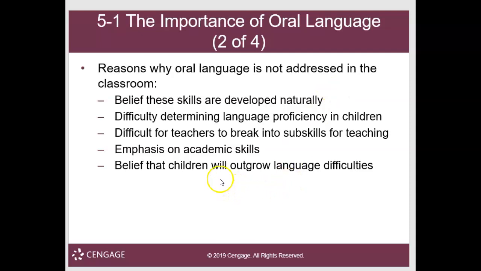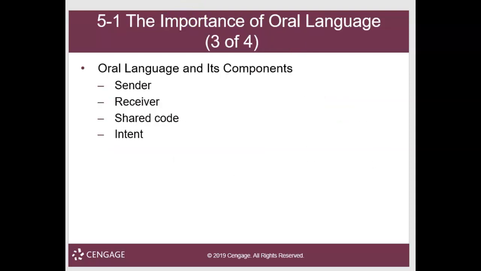A lot of people also think, oh, they're just 3 years old, they'll outgrow it. Well, not always, right? Especially for some of these students. So we want to make sure that we are being explicit and thoughtful with oral language and how it's used, and how you all can teach components of oral language and encourage the use of oral language in your classroom.